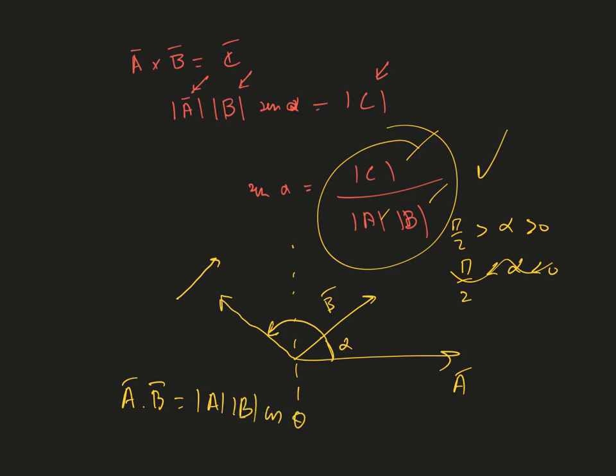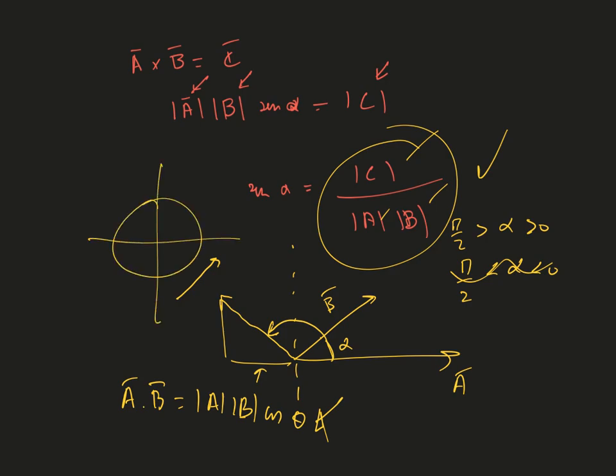Why? Because the cosine of theta is negative if the angle is bigger than pi over 2. So this equation will detect the angle, if you have two vectors with the same sine of theta.